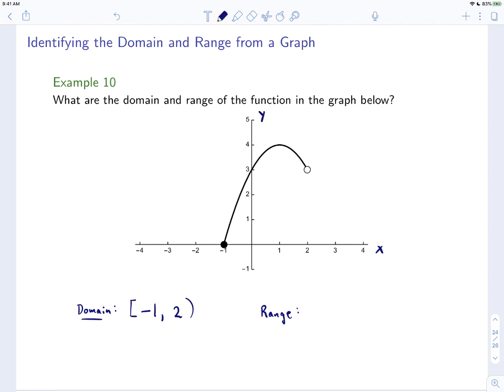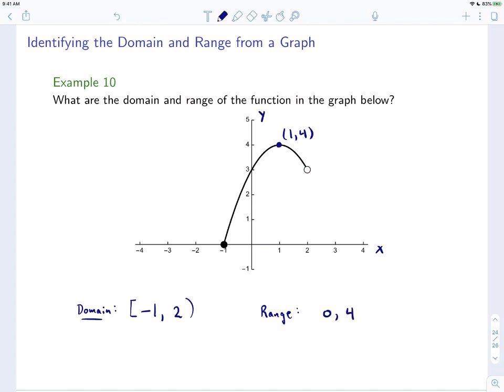The output values are the y values, and the y value tells you how high up you are. So you can see the smallest y value is on the x-axis, so that means it's 0. The largest value appears to be 4 right here. This point is (1, 4). So the largest value is 4.